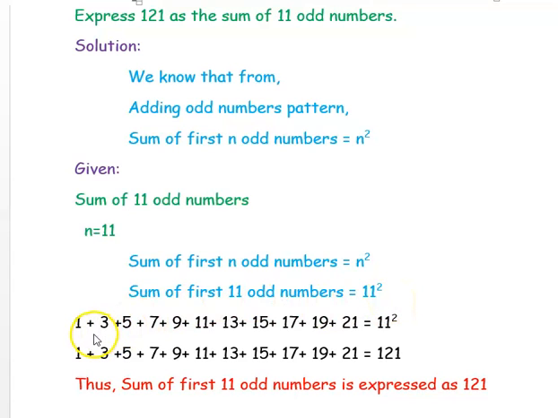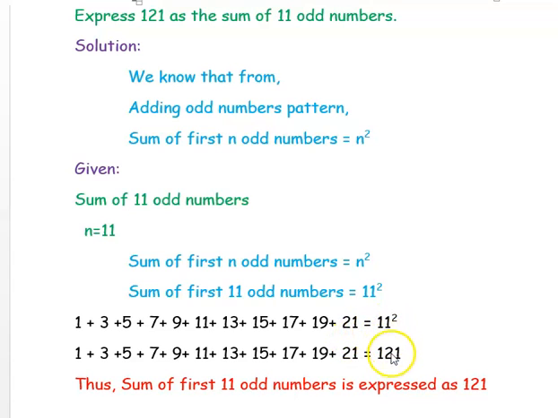So next step, I am going to write all the 11 odd natural numbers and I am going to sum it. That is, I am going to add all the first 11 odd natural numbers starting from 1. So the 11 odd natural numbers are 1 plus 3 plus 5 plus 7 plus 9 plus 11 plus 13 plus 15 plus 17 plus 19 plus 21, which is equal to 11 square.